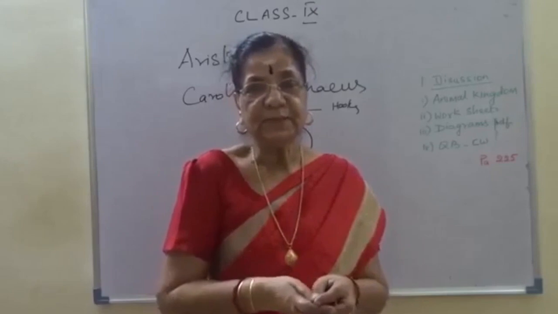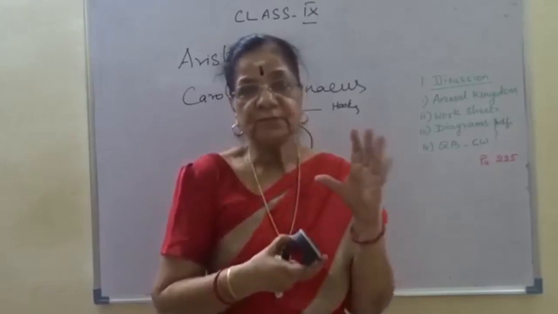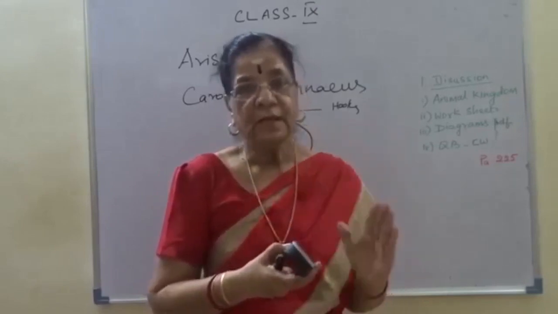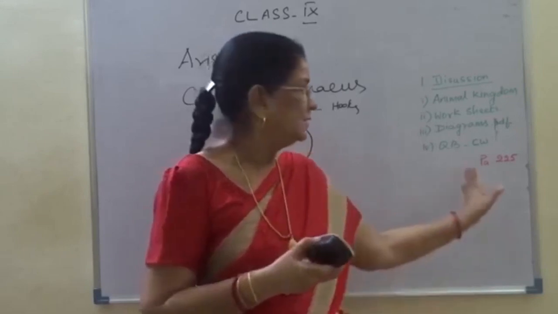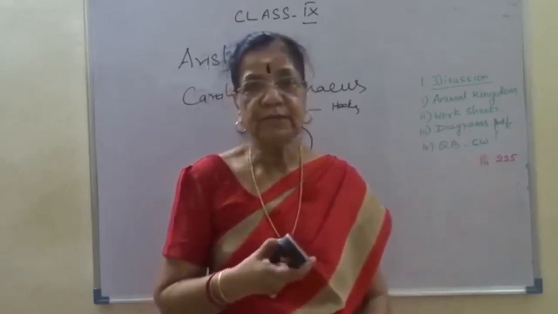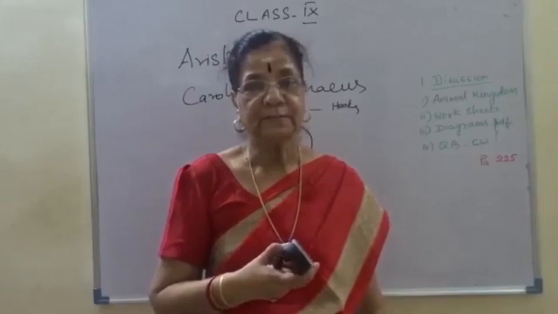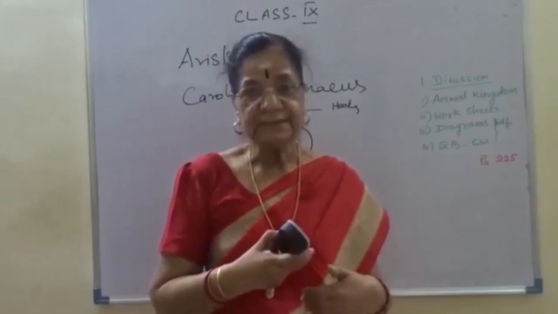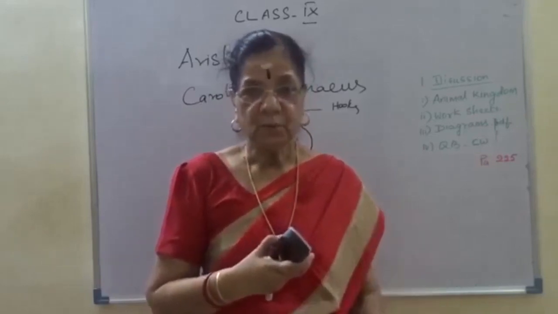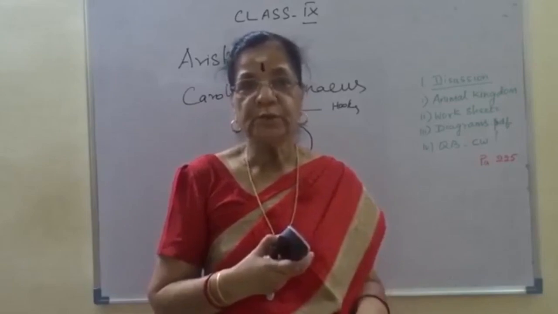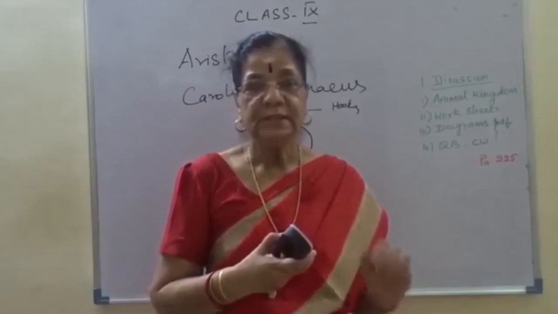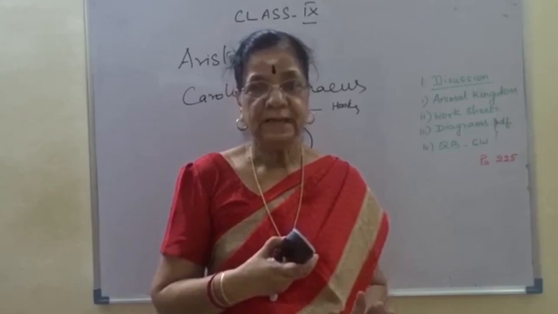First I will explain the flow chart for classification of animal tissue. We can refer to page 225. From the next video class onwards, please have the book and a notebook to note down the points. I hope I am clear.